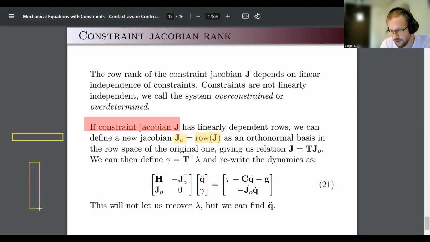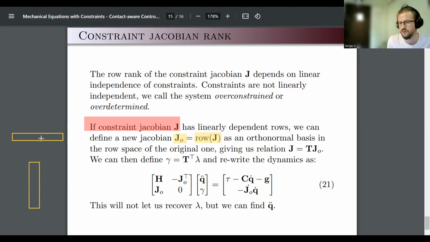In this linear space, we can find the orthonormal basis, right? And this orthonormal basis is a row space basis for the original one, because all we did was flip it.